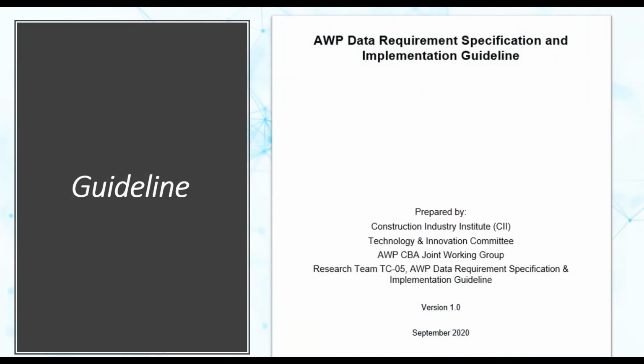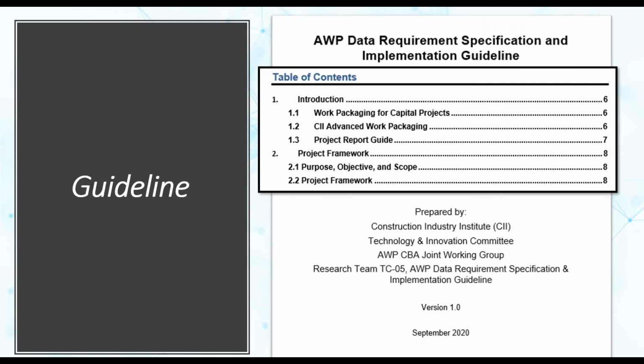Once we reached a higher level of confidence on all data requirement subcategories, we transitioned into drafting the implementation guideline. Through this process, we included an introduction to AWP, documented the project framework our team used to govern our approach, and set the structure each section would follow.